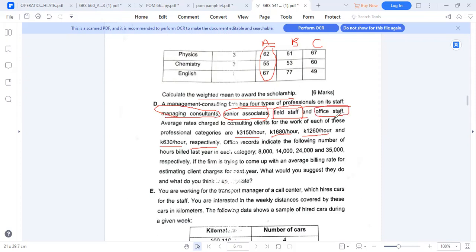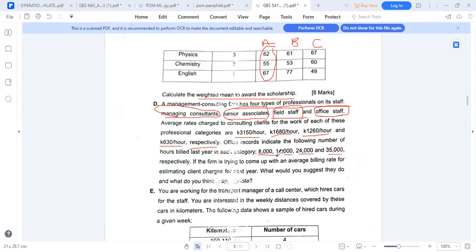So this is about the allocation. The office records indicate the following number of hours billed last year: 8,000 hours, then 14,000 hours, then 24,000 hours, and the other one respectively.